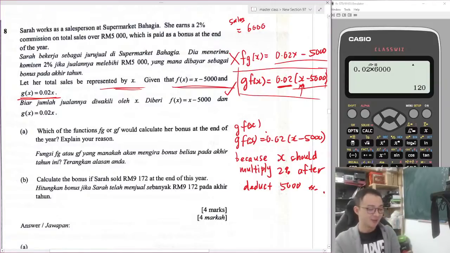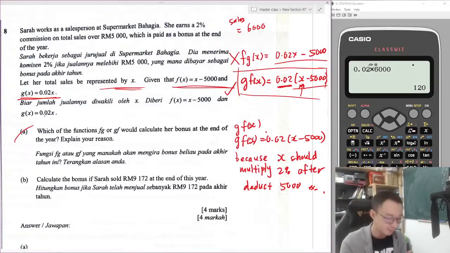Okay, this is the reason I will give. You can use your own sentence as long as it makes sense, then it should be fine.